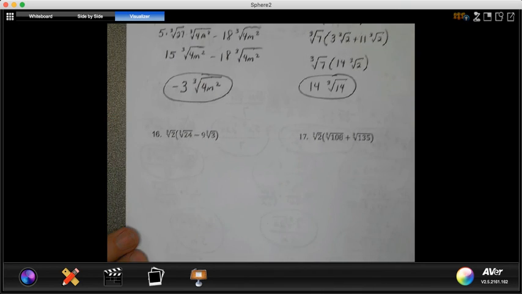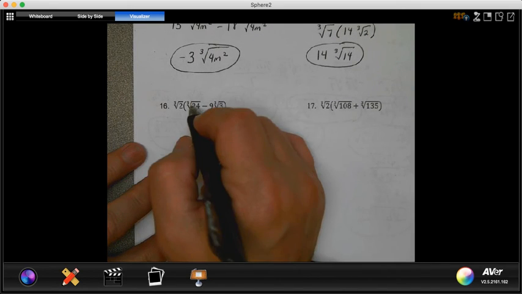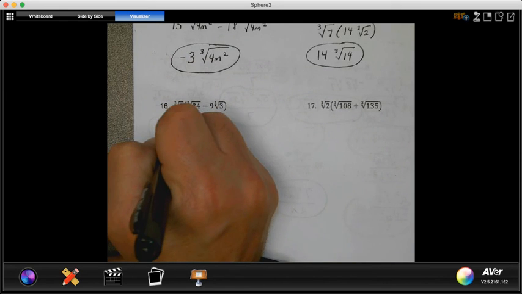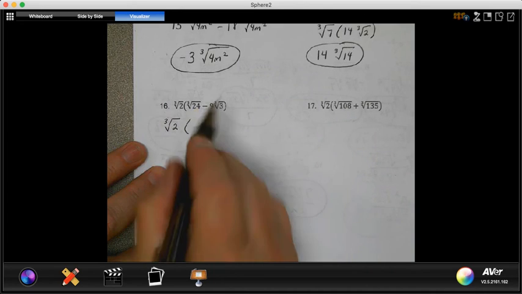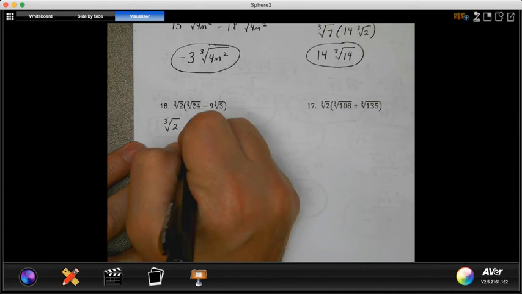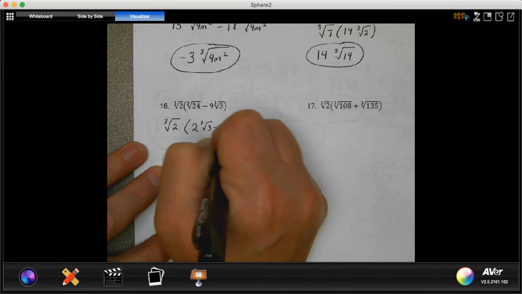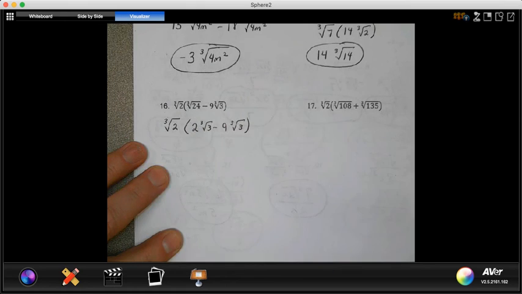All right. 16. I think we can break apart the inside. So we've got cube root 2, parenthesis. This is 8 times 3. So the cube root of 8 is 2. So this is 2 cube root 3 minus 9 cube root 3.